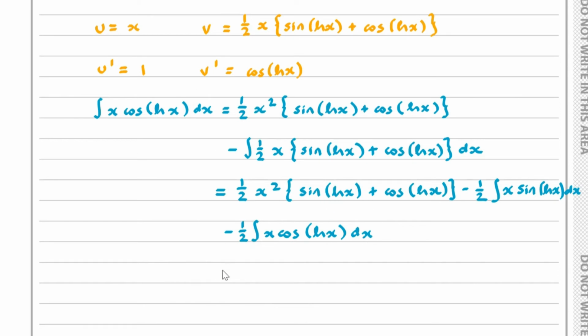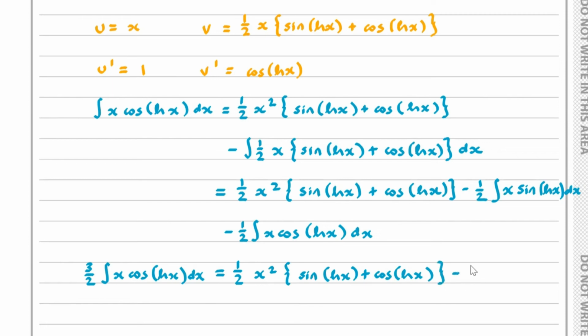And if I add that over to the other side, we would have 3/2 times the integral of x times by the cosine of the natural log of x with respect to x equaling 1/2 x squared times by the sine of natural log x plus the cosine of natural log x minus 1/2 the integral of x times by the sine of natural log x dx.